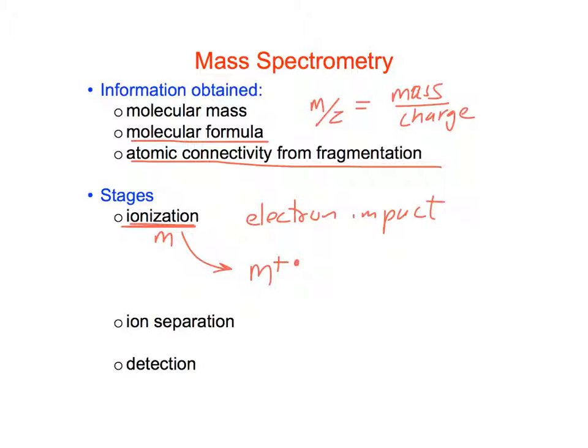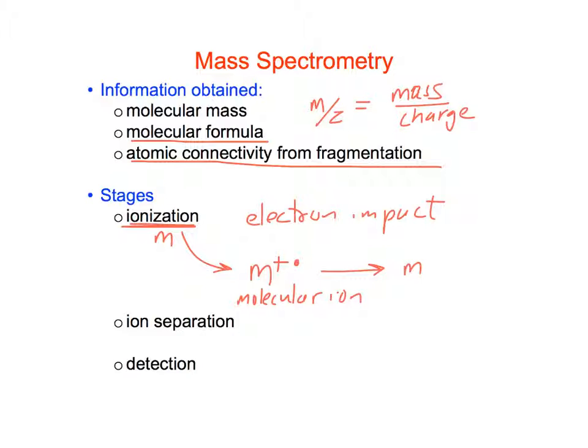So if this ion contains all of the atoms of the molecule, it's called the molecular ion. All right, that can then fragment.